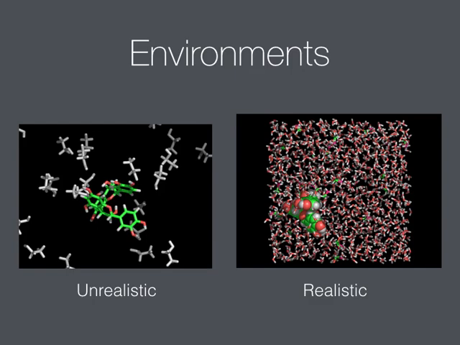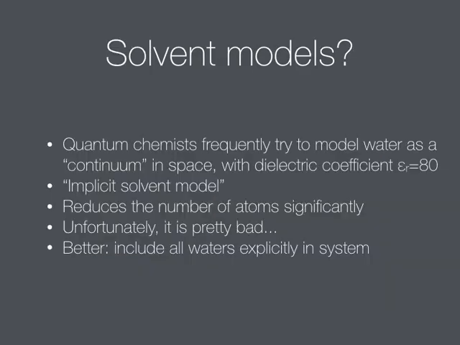Environments I touched upon already. It's not realistic to simulate a molecule without solvent, because in reality there's solvent, so you need to take that into account. Quantum chemistry often tries to model water as a continuum in space, like a dielectric constant, which might be okay if your structure doesn't move much, but here you have hydrogen bonding, you have all kinds of effects. So a dielectric coefficient of 80 doesn't represent water really.